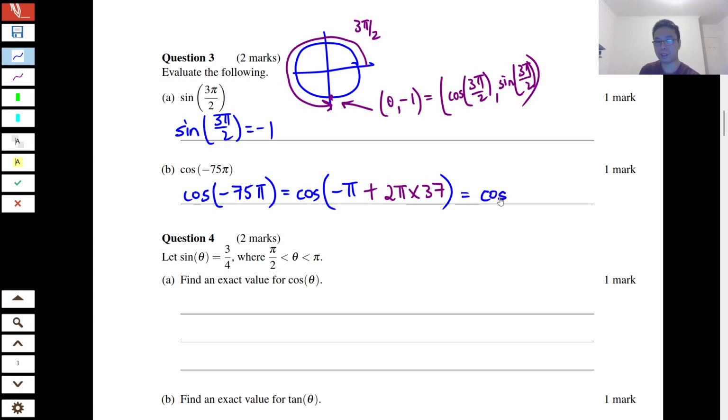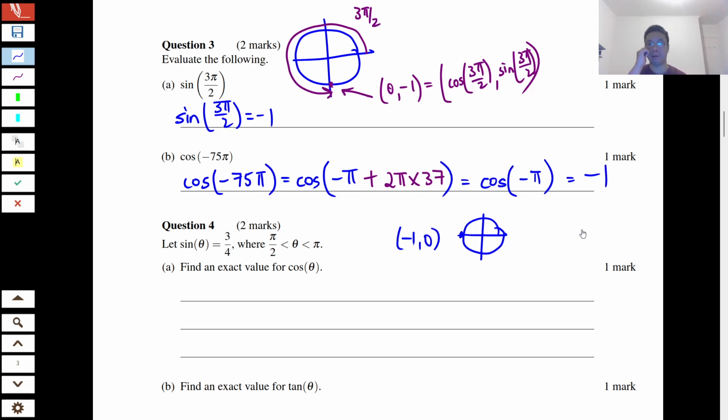So it's cosine of negative pi, and it's also cosine of positive pi if I go around one more time. If I consider this point on the unit circle, negative pi corresponds to this point here, which is -1, 0. Since cosine gives me the x value, this has to be -1. So both answers to part A and part B are -1.